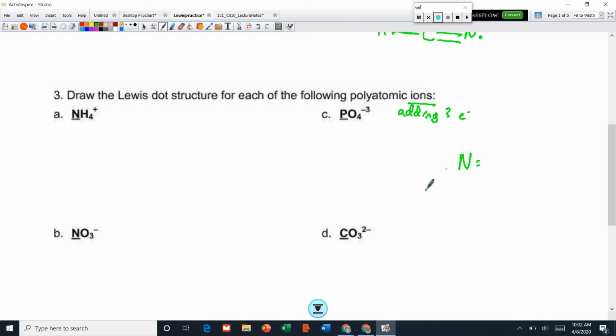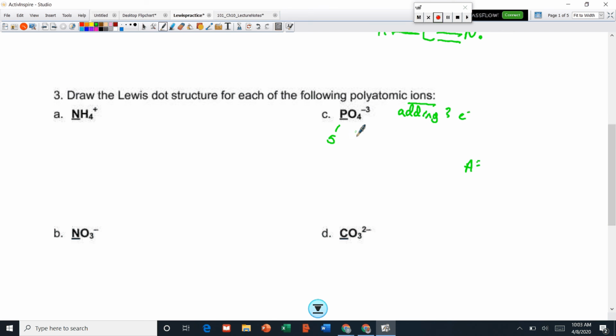All right, so let's go ahead. I'm going to calculate the, not the needed. It's going to happen at the available. Sorry, I misspoke there. I'm going to calculate the available first for this. Phosphorus is in column 5A, so it has 5.